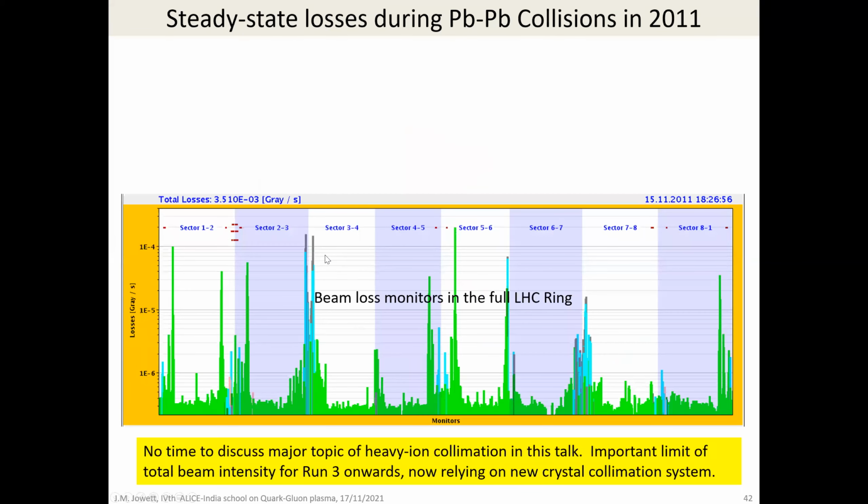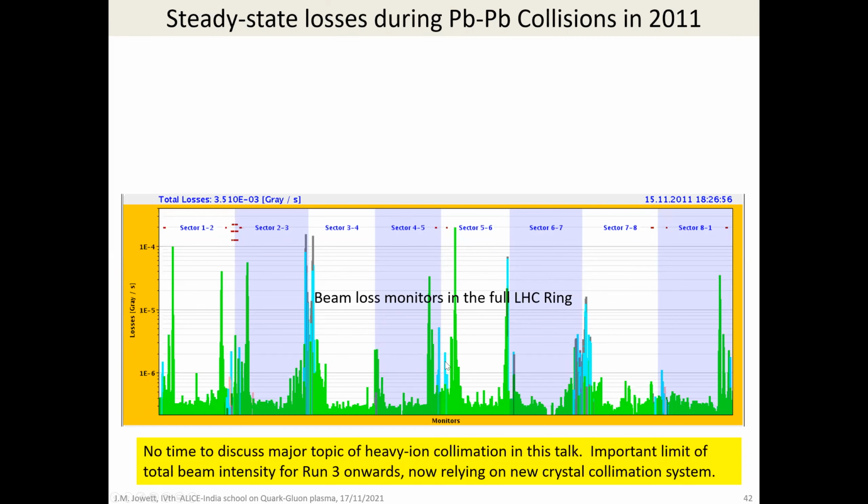Very soon in the LHC, in the first runs, we could see these effects here. This is an image showing the signals from all the beam loss monitors in the full LHC ring. And this is on a log scale because the operators keep an eye on this all the time to see if there are large losses appearing.